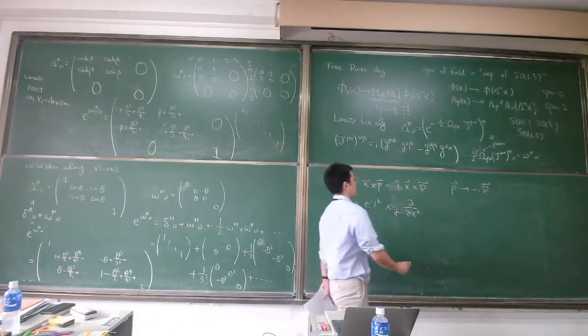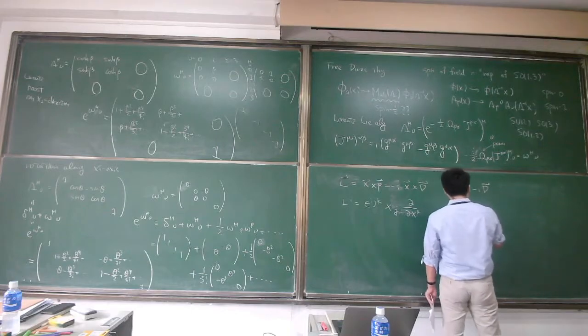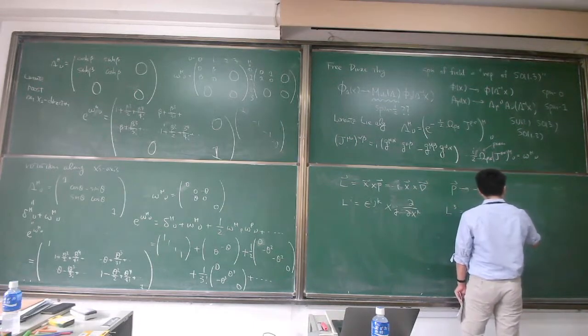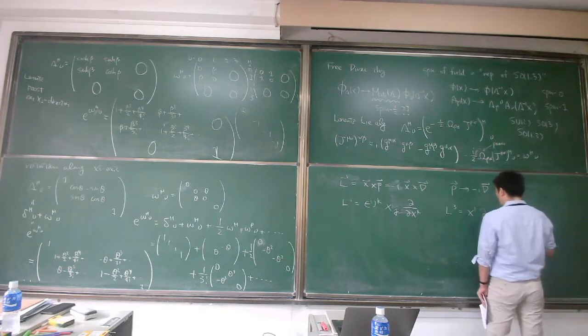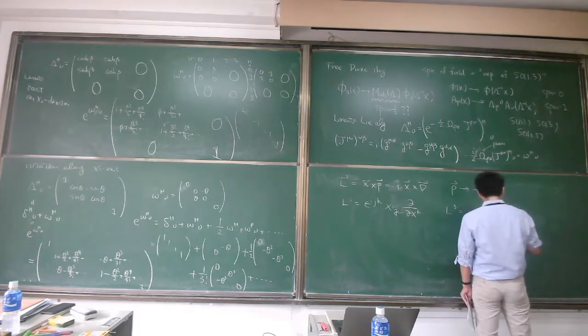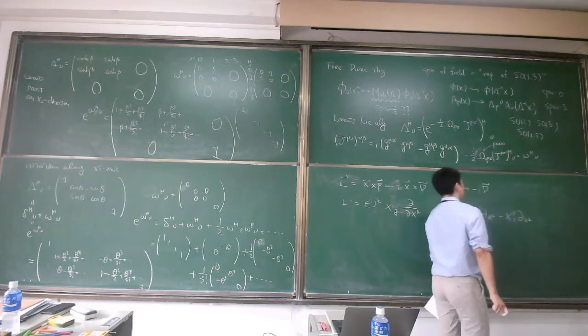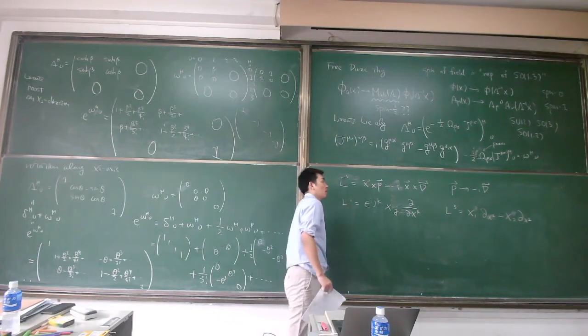In particular, if you look at L3, it is just x1 p2 minus x2 p1. I should be careful about the indices. Maybe this one is more convenient. Like this way, okay? So this becomes the operator of the angular momentum.